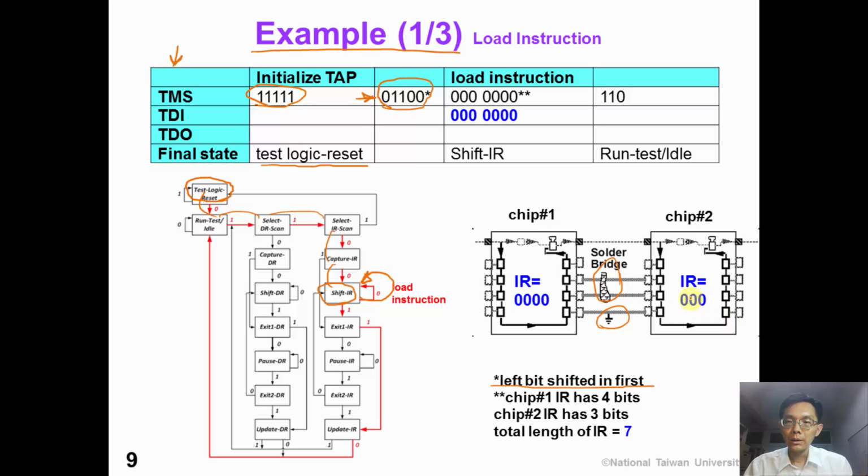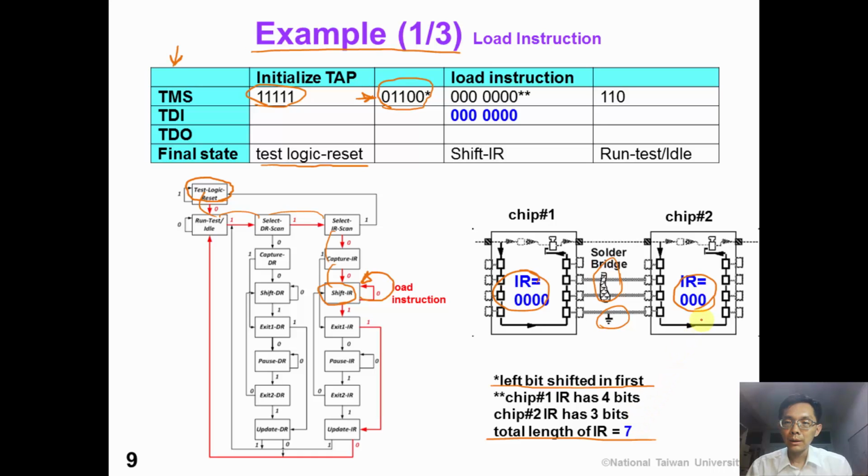Suppose that chip number 2 has 3 bits of instruction register and chip number 1 has 4 bits of instruction register, so the total length of instruction register on the board is 7.